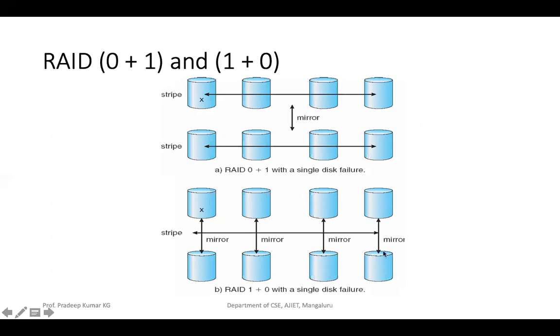Please follow my cursor on the screen. We'll have a copy from this third row to fourth row, individual copy, nothing but we are supposed to mirror it, replicate each individual disk separately. Then we are going to group it. That is what 1 plus 0 says. Please follow. RAID 0 plus 1, we'll have a group first, then we are going to mirror it. Coming to RAID 1 plus 0, we'll have a copy individually at first, then we are going to group it.